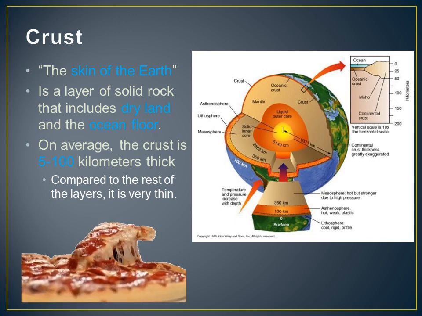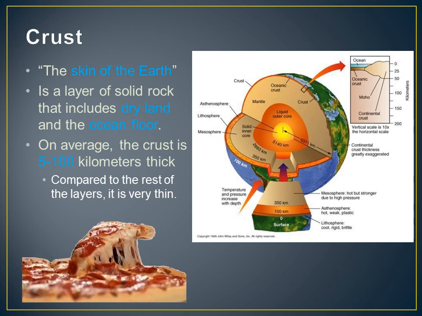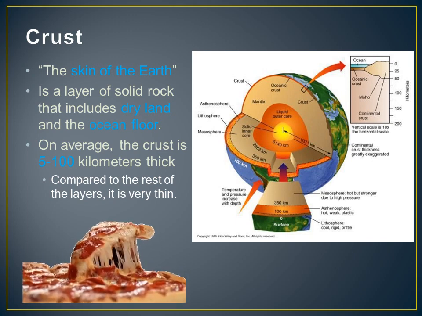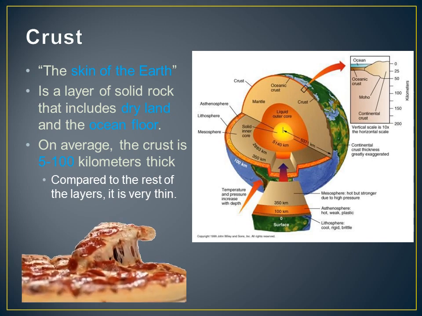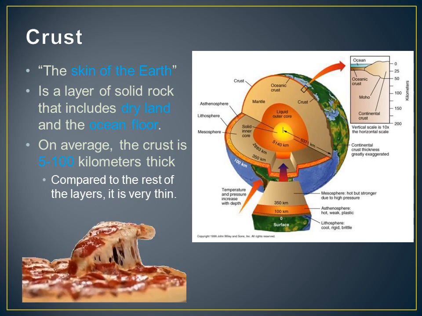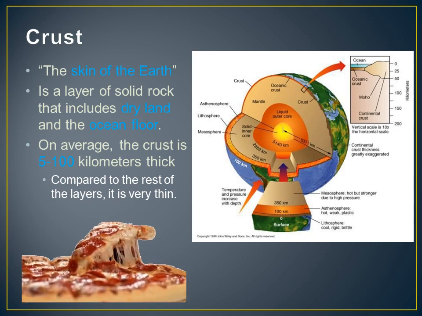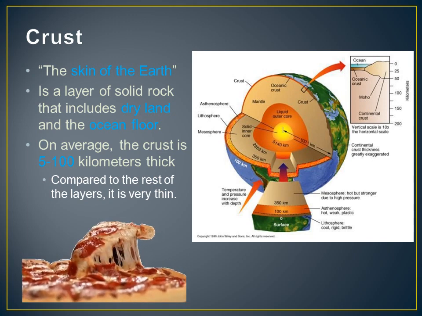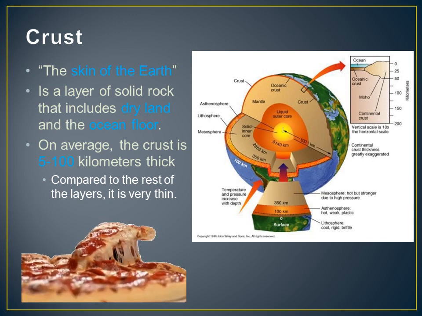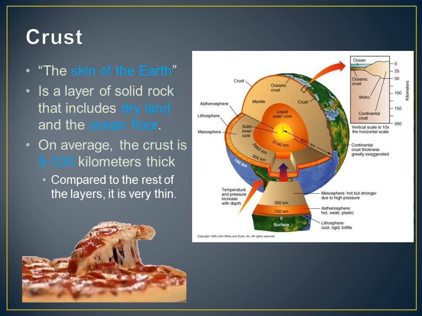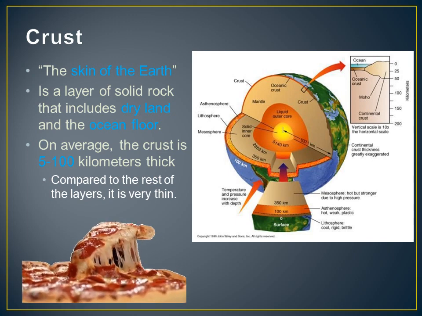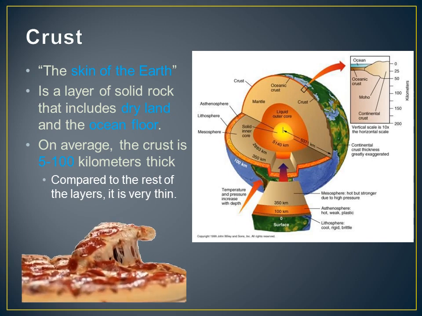Same thing with the crust of the earth. This is what we see. Now, the crust includes both the dry land where we live and also the ocean floor. This is the thinnest layer of the earth, on average between 5 and 100 kilometers thick.